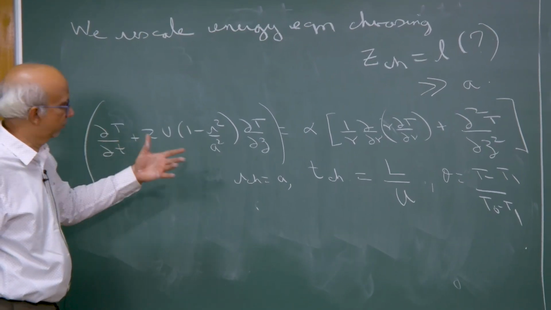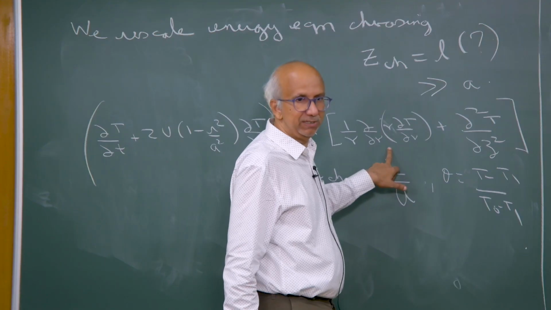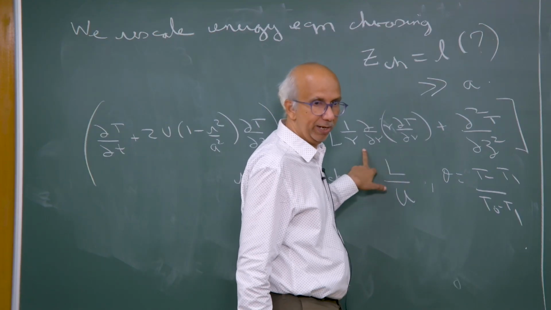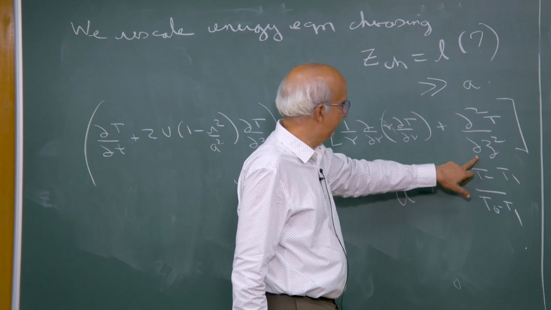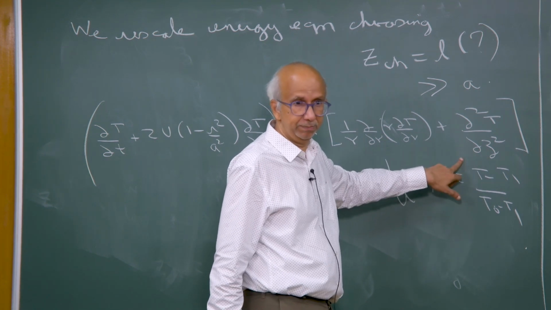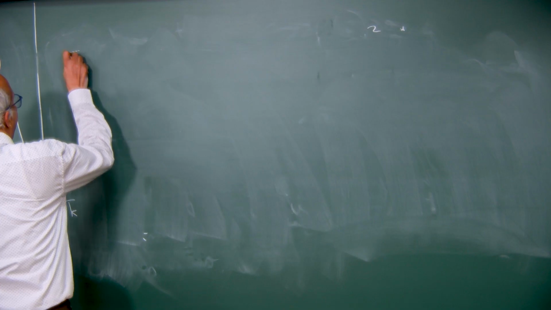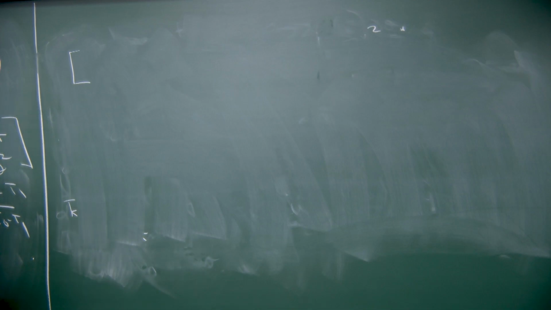The other thing is, when I make it dimensionless here, I will get A squared, and here I will get L squared in the denominator, because I am choosing a different scale.